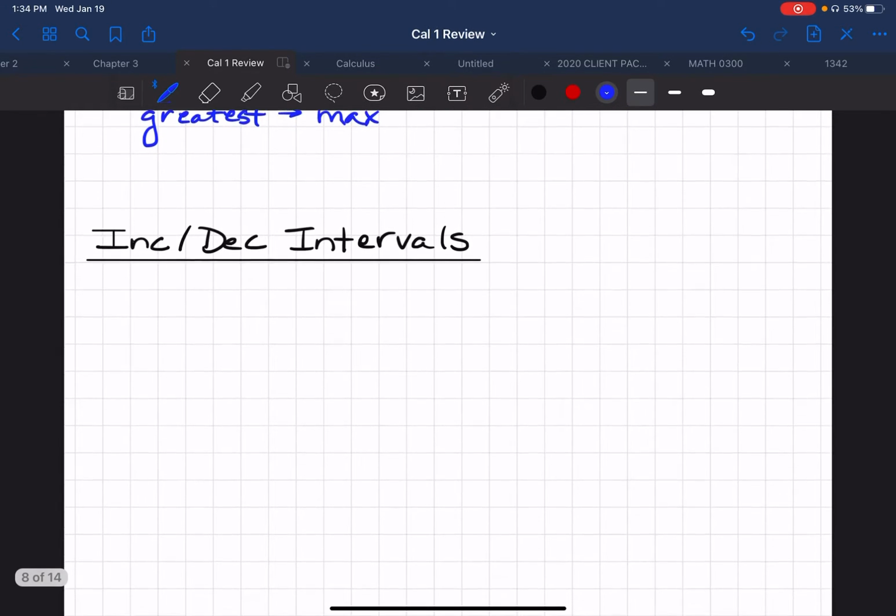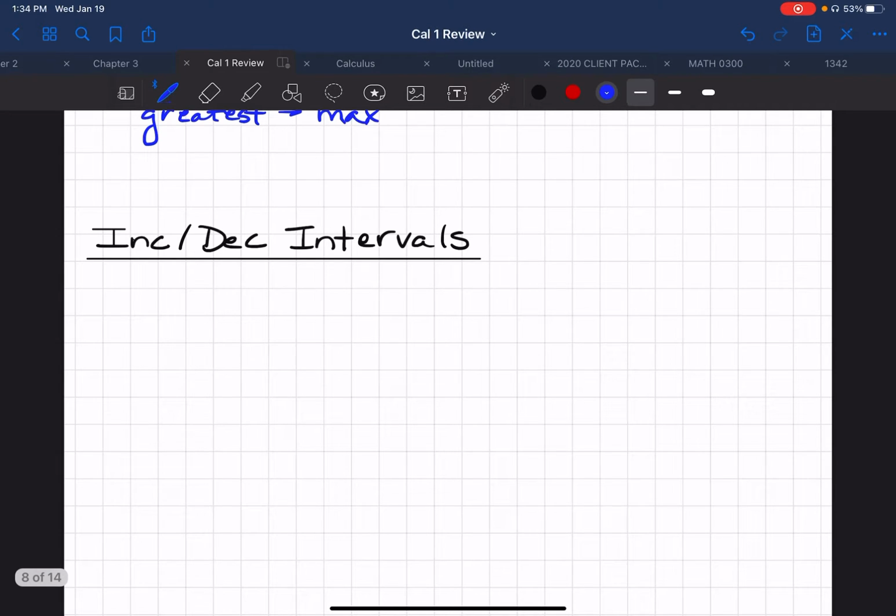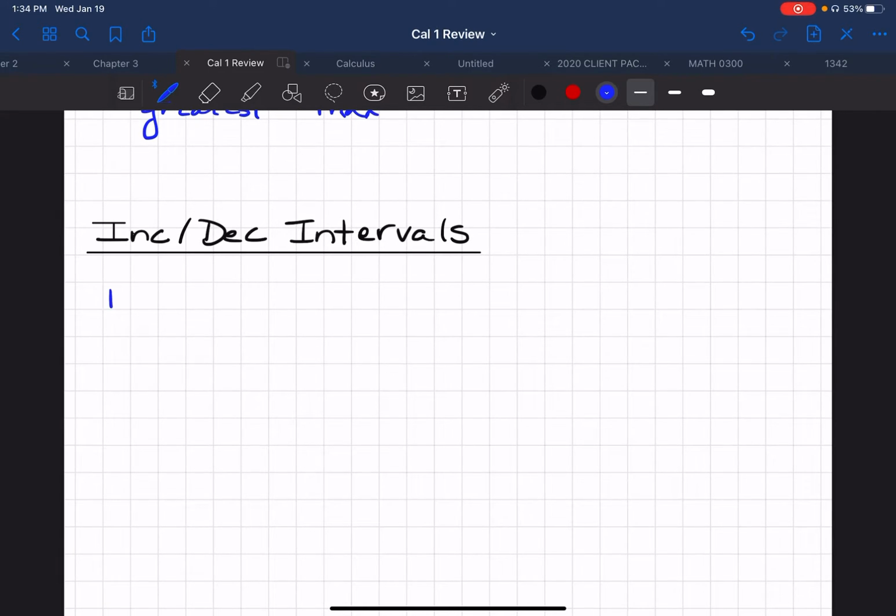To find increasing or decreasing intervals, again, we're going to start out the same way. Find the critical numbers. You're going to set up intervals around those critical numbers.